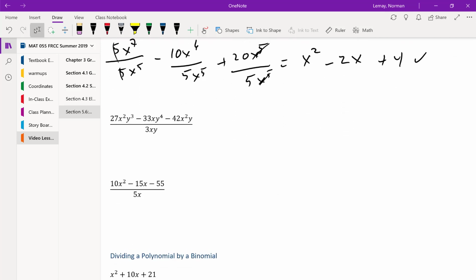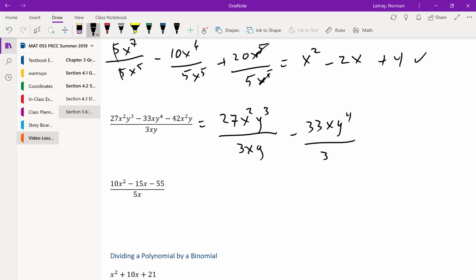All right, so one last one. So here we again play the same game. So this is going to be 27x squared y cubed divided by 3xy minus 33xy to the fourth over 3xy minus 42x squared y divided by 3xy.